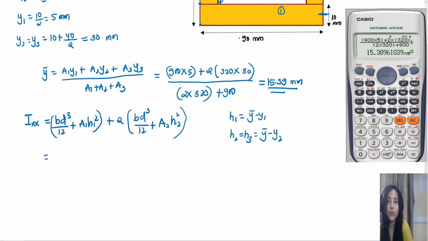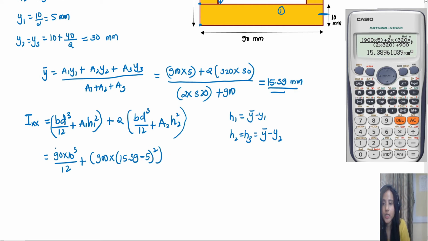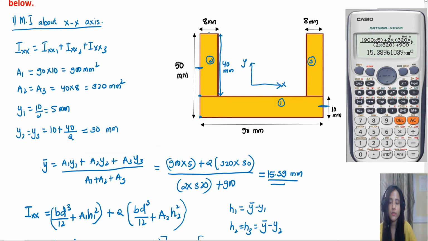Now b here for my first section is 90, depth is 10, cube divided by 12, plus area is 900 into height, y bar was 15.39 minus y1 is 5, square, right? So this is my first expression, plus 2 into, now how much is my b here for section 2 and 3?